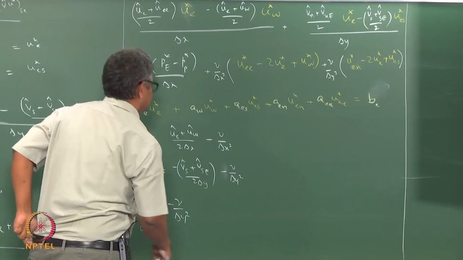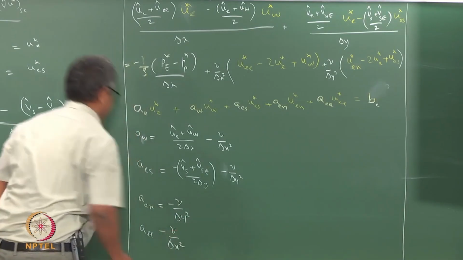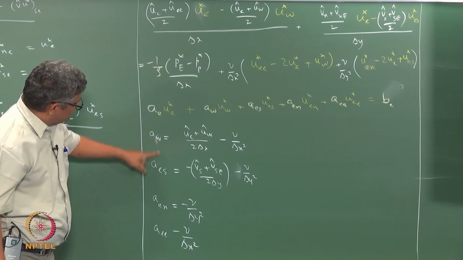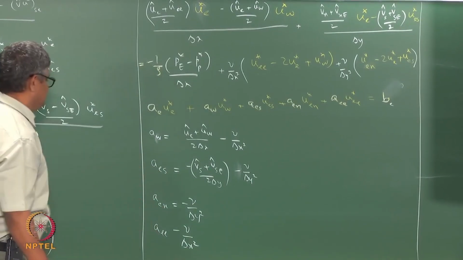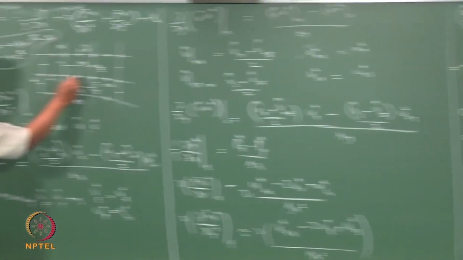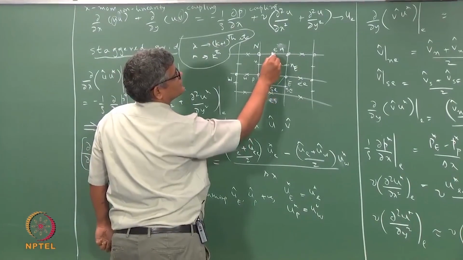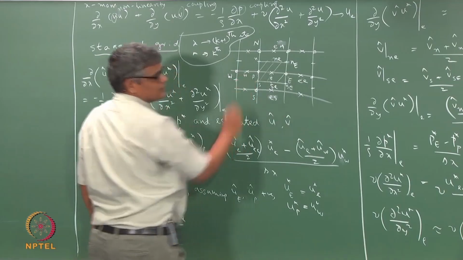So, that will be minus nu by delta x square. So, we have 4 neighbors: west, east south, east north, east east. Okay. So, if we come back to this, we have, this is a point, we have east north, east south, east east, and the west point.